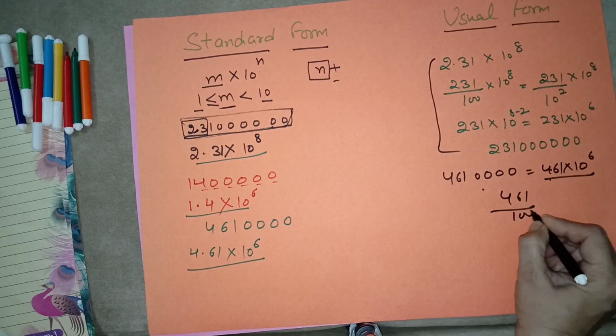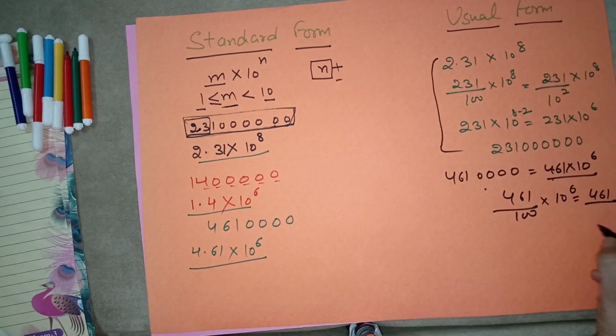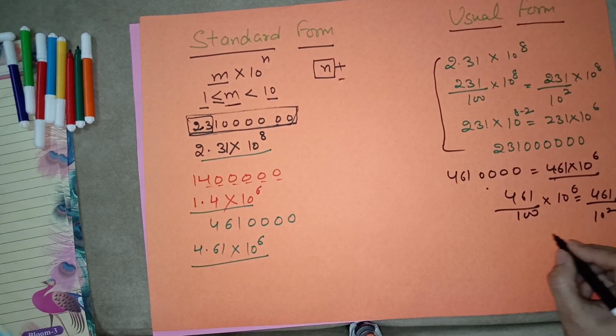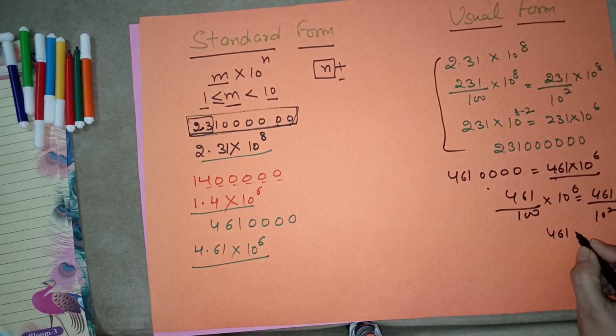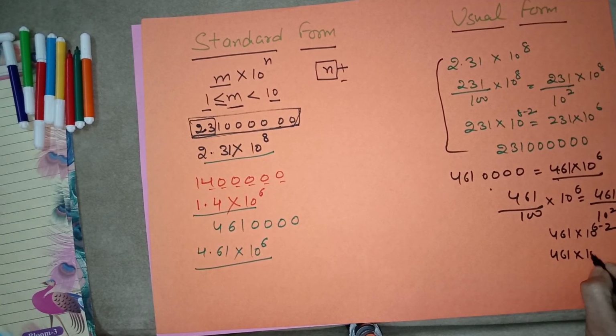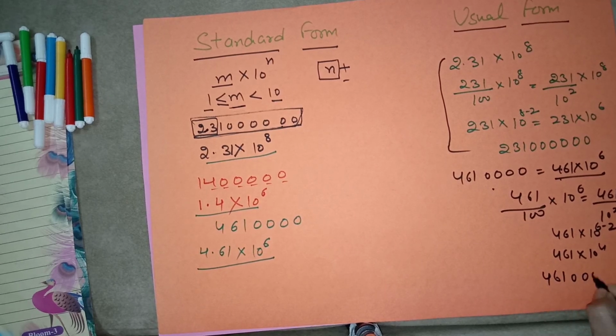4.61 divided by 100 multiply 10 to the power 6. That is 461 by 10 to the power 2, multiply 10 to the power 6. That is 461 multiply 10 to the power 6 minus 2, which is 10 to the power 4: 461 followed by 4 zeros.